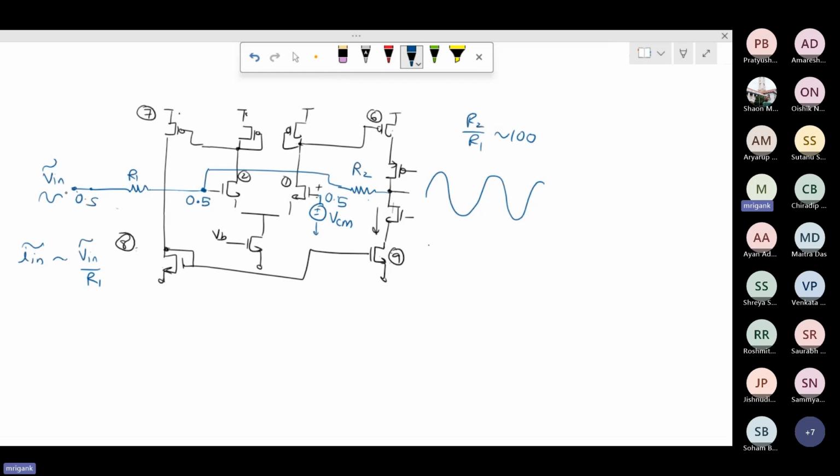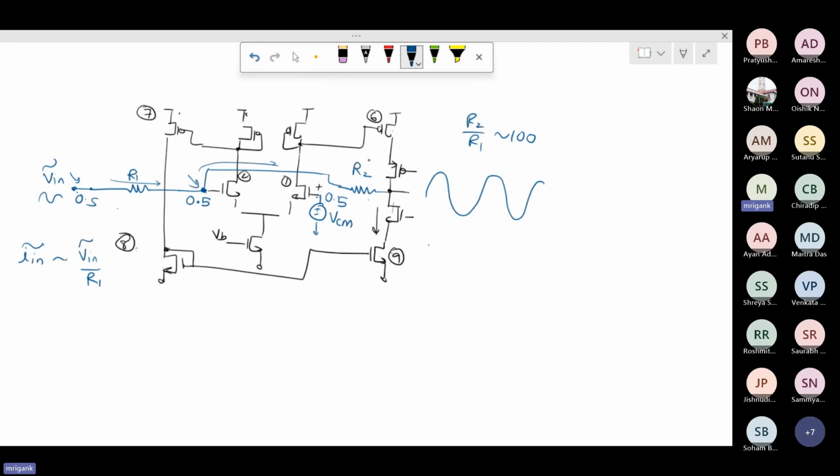So the input will have to have a DC bias which is matched with the DC bias of the input device. If you have a significant DC difference between this point and this point, that means the DC current itself here will be pretty big, and that DC current has to ultimately flow in this direction, and it will sink from the device. So that is not good.